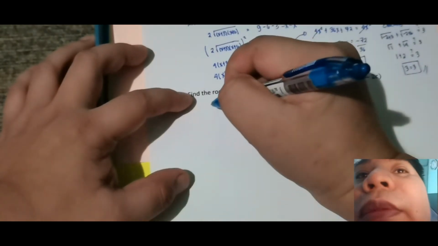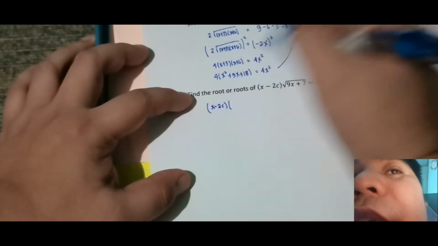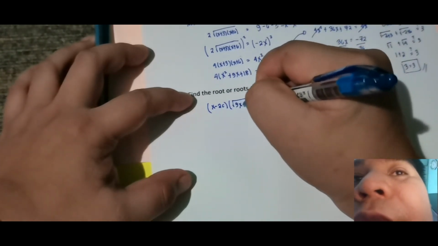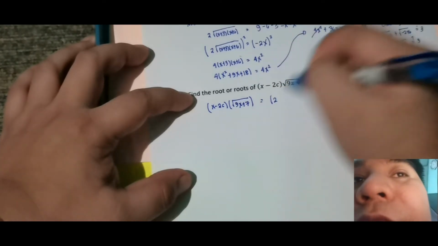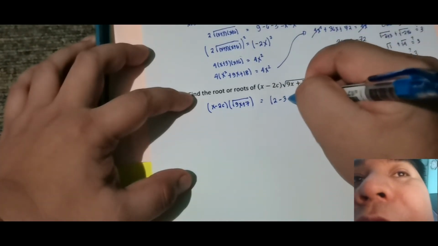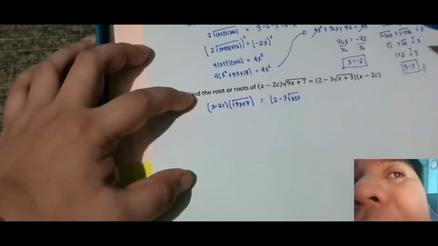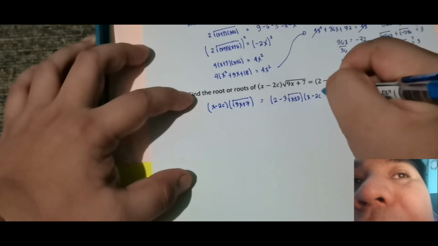So dito ko nang lagay, this is x minus 2c, then square root ng 9x plus 7. Then that is 2 minus 3 square root ng x plus 3 multiplied by x minus 2c.